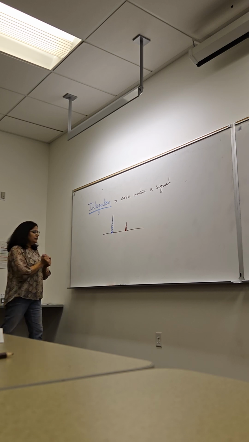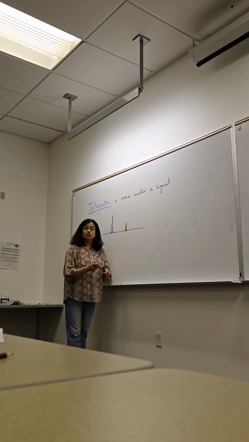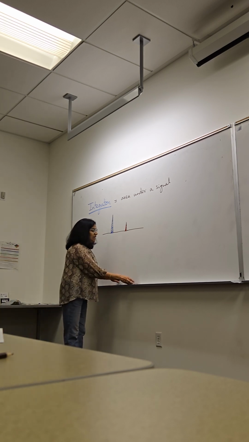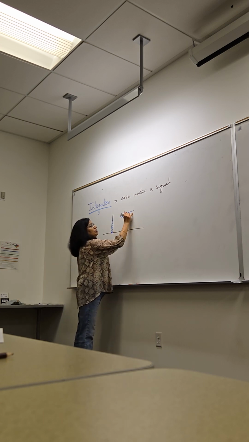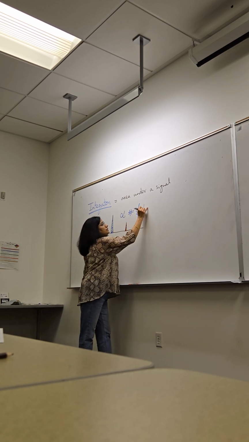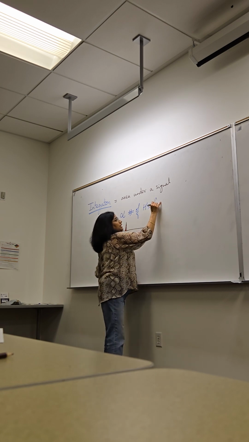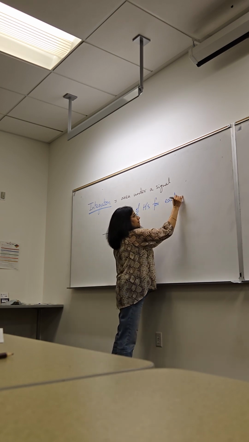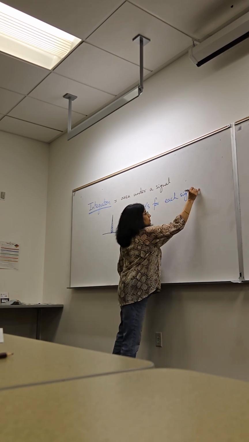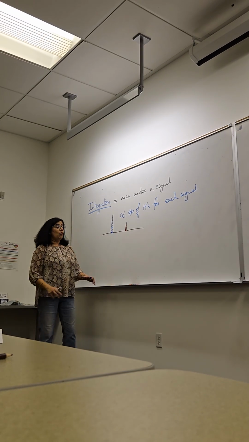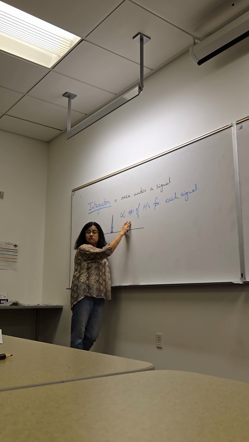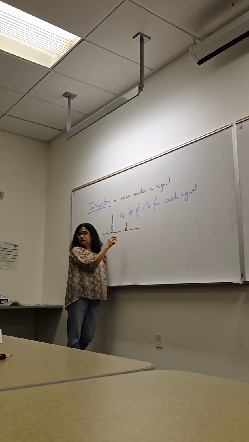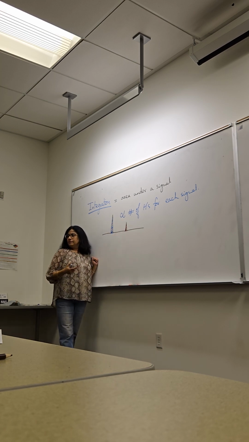And the area under the signals is proportional to the number of hydrogens for each signal. So more hydrogens causing a signal, more area; fewer hydrogens causing the signal, smaller area. Make sense, everybody?